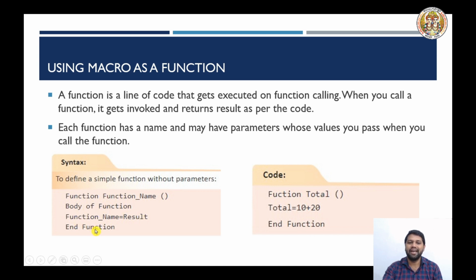We need to write End Function. This is the syntax, and the same thing here in code. As an example, I have taken the same example from your textbook. The name of the function is Total, and this is the function name, this is the result, and the End Function.